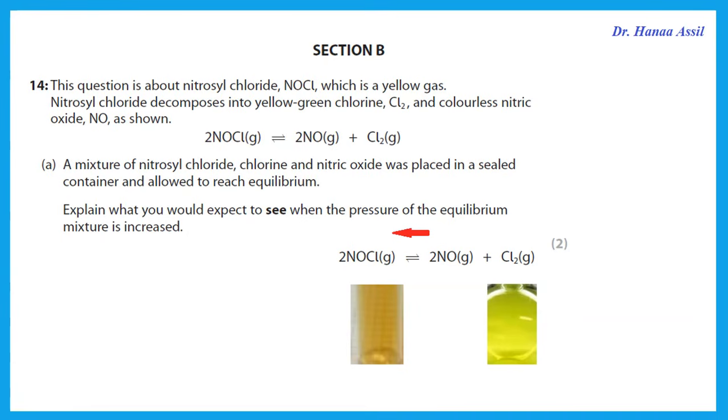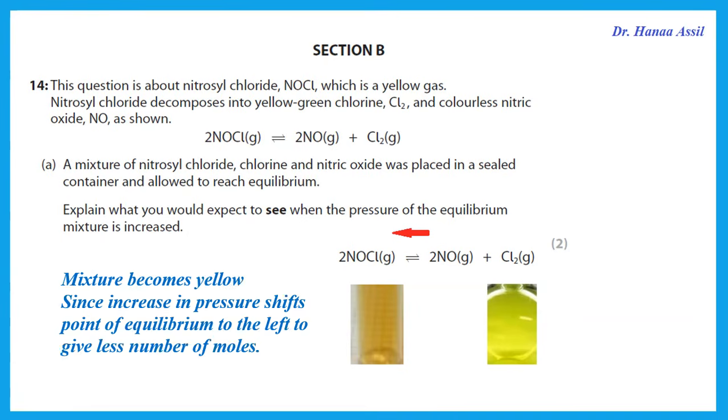So increasing pressure means that the equilibrium will move to the left, and that means the mixture will become more yellow, since an increase in pressure shifts the point of equilibrium to the left to give less number of moles.